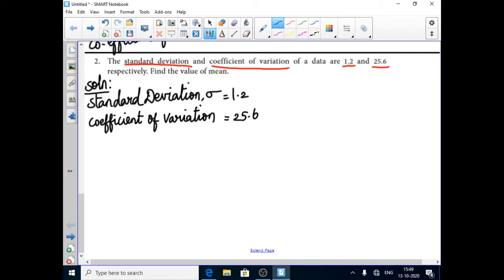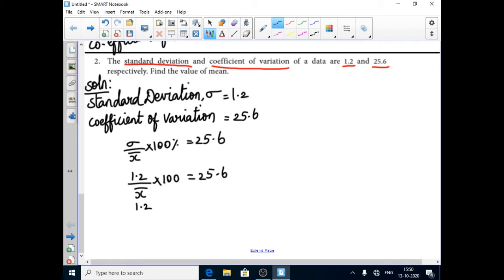Now we have to find the mean. We know the coefficient of variation formula: sigma by x bar into 100% is equal to 25.6. So sigma is 1.2, by x bar, into 100, that is 25.6. I need x bar. It is in the denominator, so it goes to the right hand side in the numerator. The 25.6 on the right hand side comes to the left hand side in the denominator.